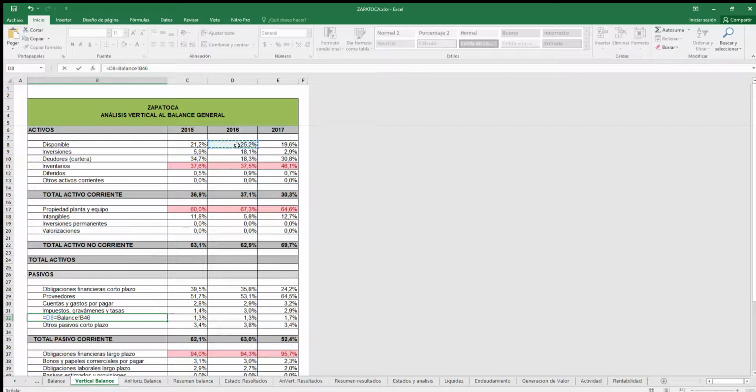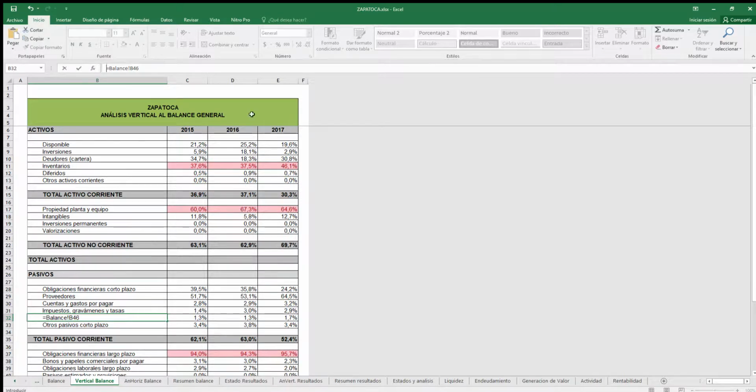Here we can see the different percentages of the available money, the investments, debtors, inventory, and others of the general balance.